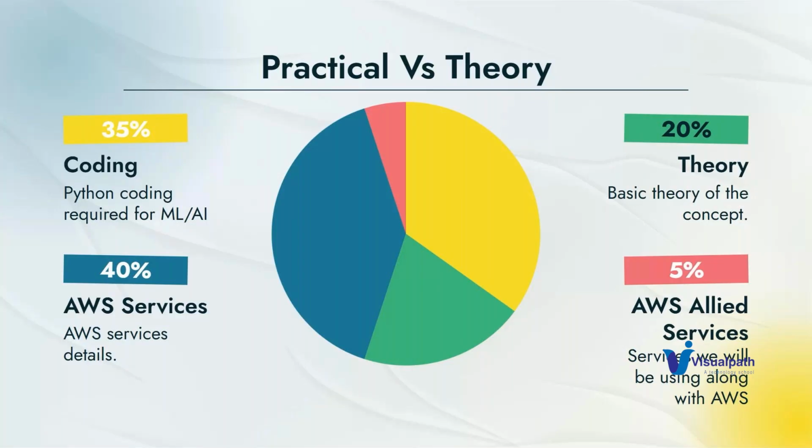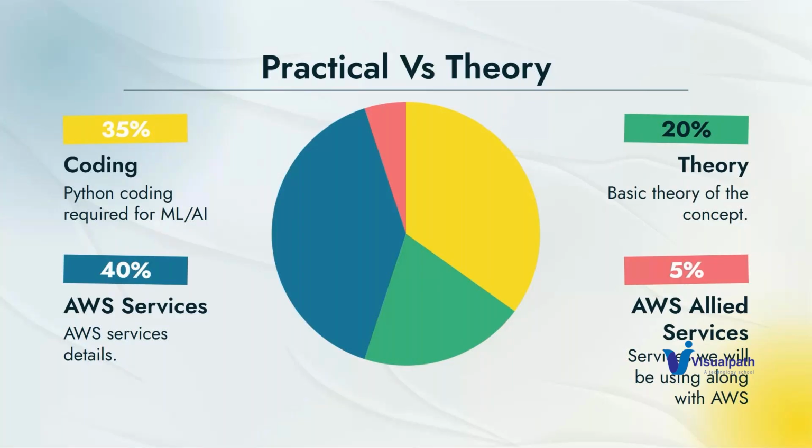Only 5% of the course would be using some sort of allied services. For example, a deployment mechanism, or we can even go with an integrated Jupyter model as well.